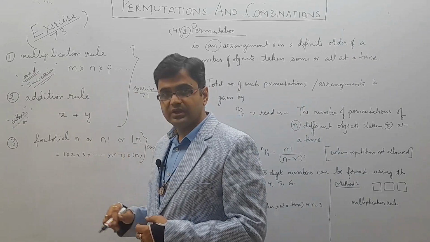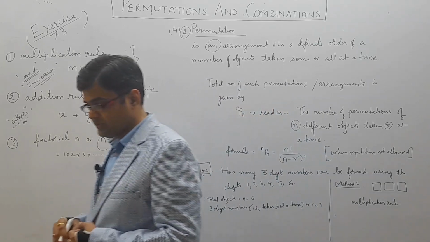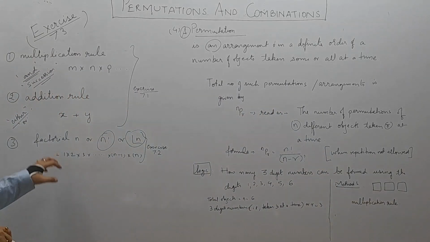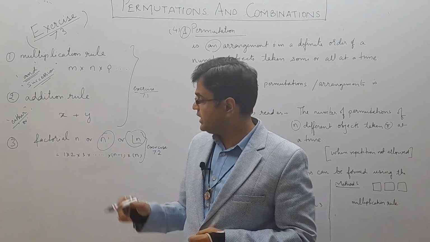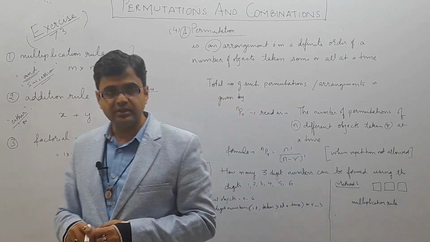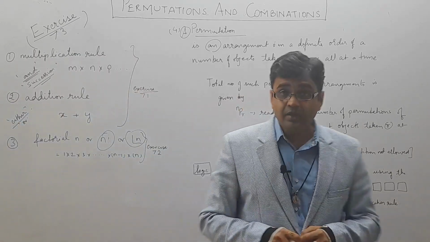Factorial n or n factorial, there are two ways of writing this. There is nothing more in this concept. Factorial is just a notation, a way of writing. We will find a lot of use of this concept in this exercise and in other exercises.